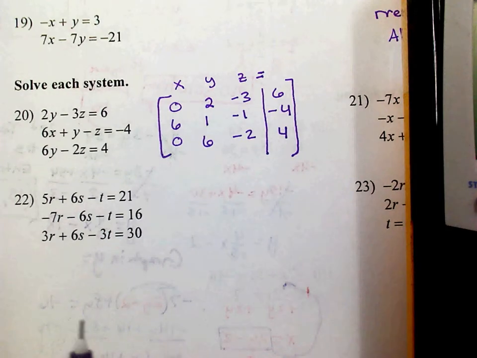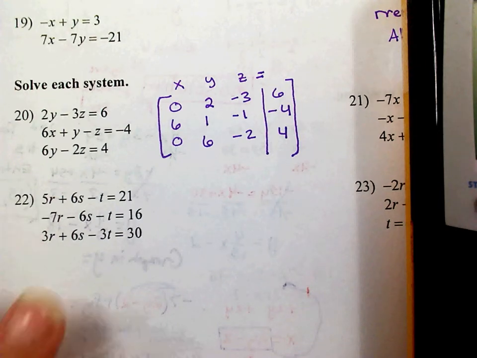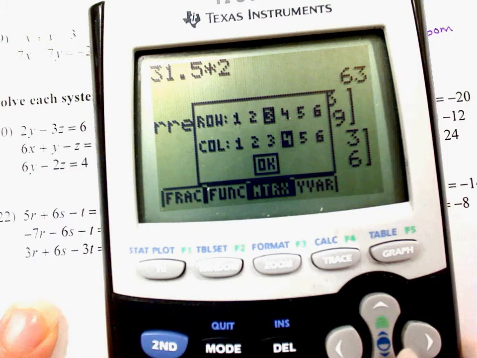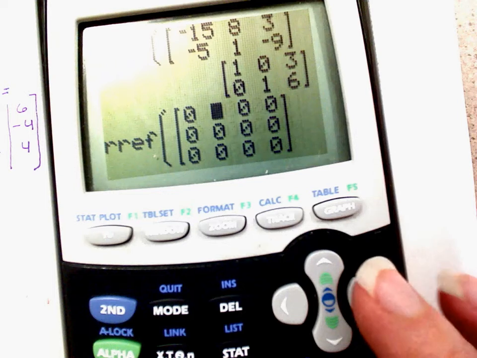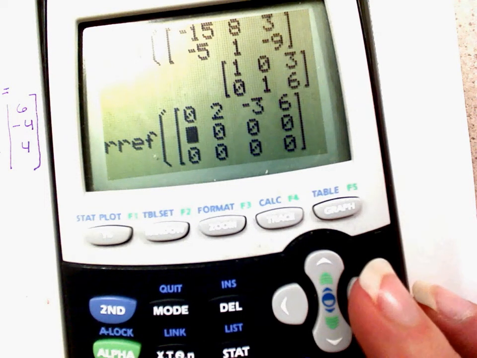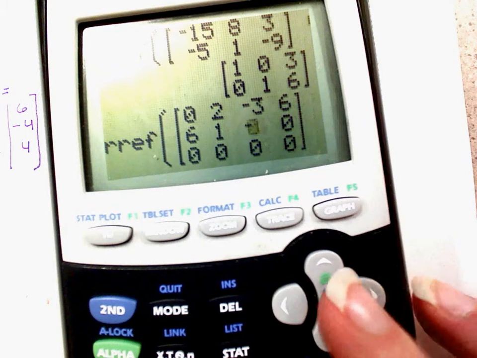They go up and down. So the columns would be 4. Okay, so I got to enter my numbers: 0, 2, -3, 6, 6, 1, -1, -4, 0, 6, -2, 4.